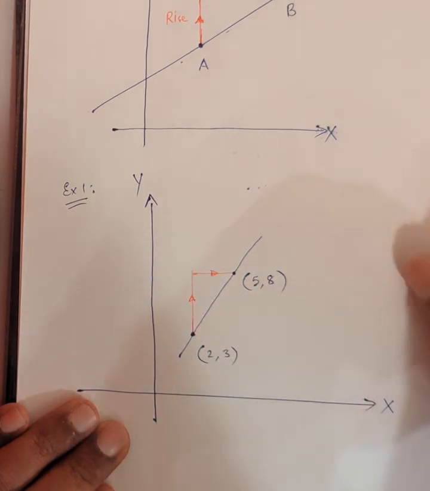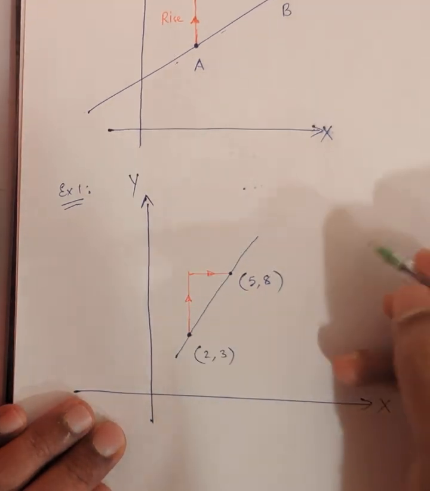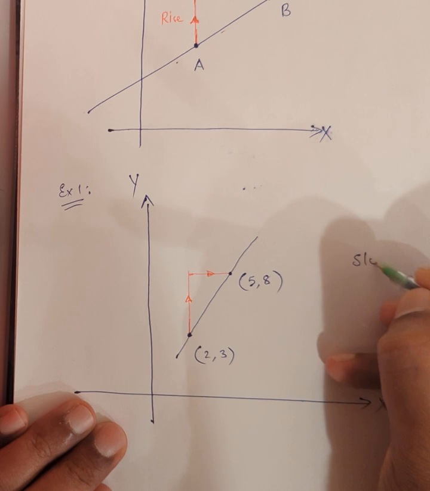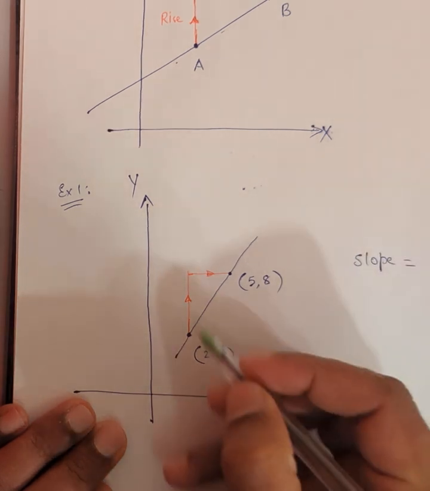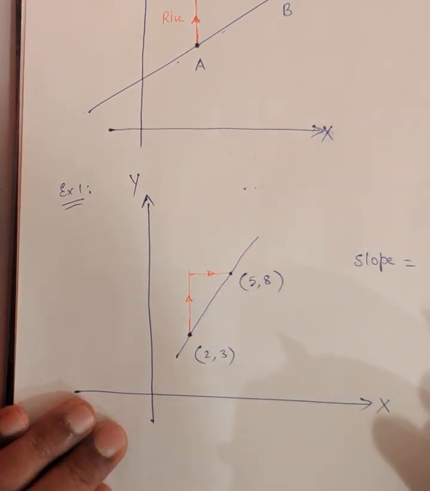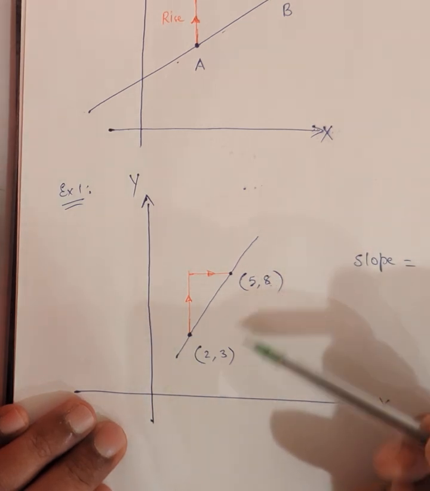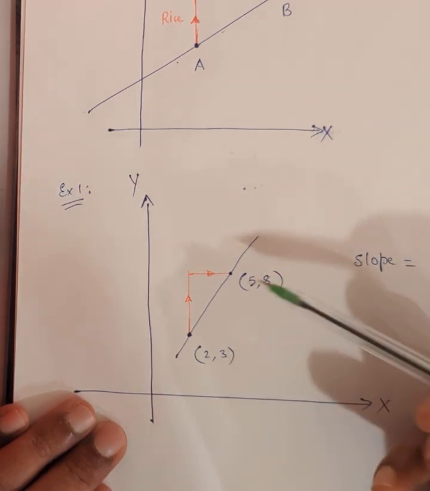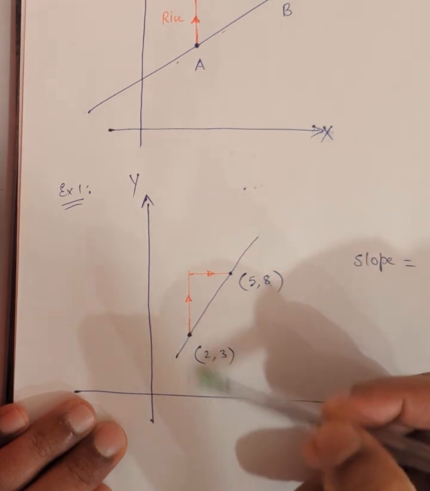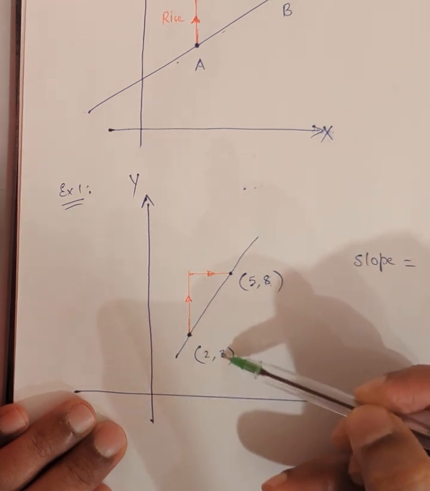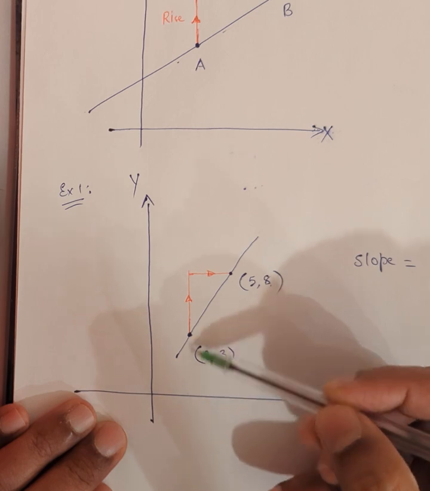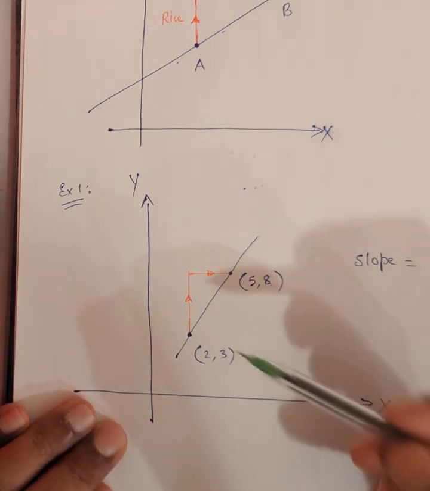So to find out the slope of this line, you can see this rise is going to be the difference of 8 and 3, because this point is at a height of 3. The y coordinate of any point will tell me the height above the x-axis.